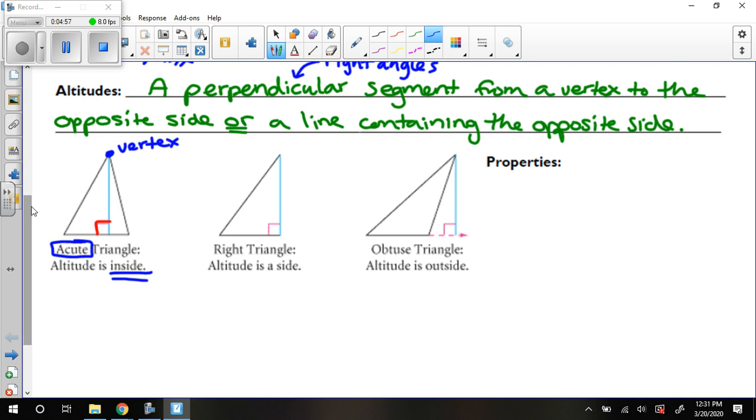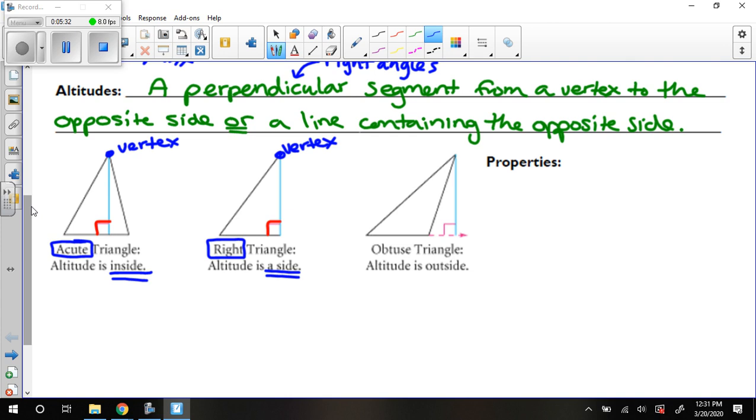And that blue segment inside the triangle is your altitude. In a right triangle, the altitude is a side of the triangle because we go from a vertex, and as we travel down to the opposite side to form our right angle, we're traveling along the side of the triangle. So that blue line is your altitude.